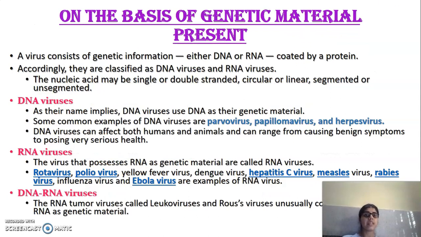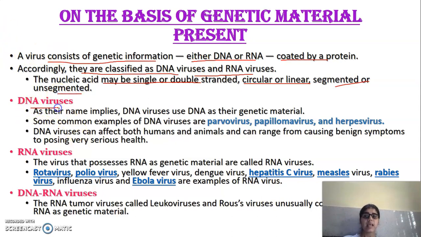On the basis of genetic material present in the viruses, they are classified as follows. A virus consists of genetic information, either DNA or RNA, coated by a protein. Accordingly, they are classified as DNA viruses and RNA viruses. The nucleic acid may be single or double-stranded, circular or linear, segmented or unsegmented.